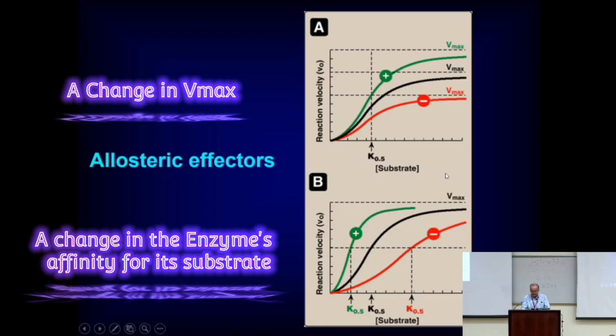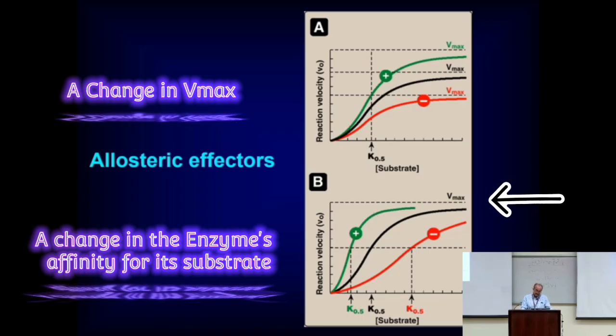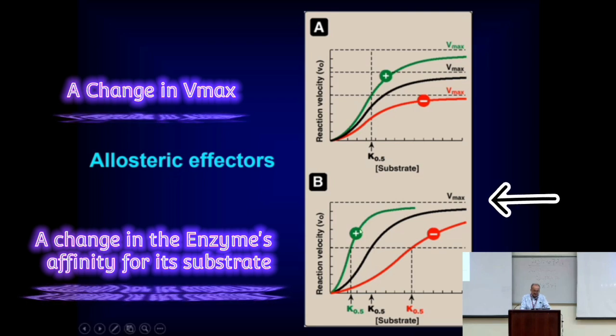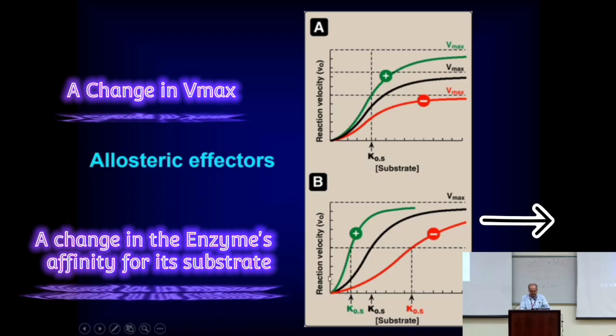If you add a positive effector, note how it shifts the curve to the left. What that tells you is the enzyme needs less substrate to start catalyzing. So that's a positive allosteric effector. Conversely, there may be a negative allosteric effector that shifts the allosteric curve to the right. That means the enzyme needs more substrate before it works on it.